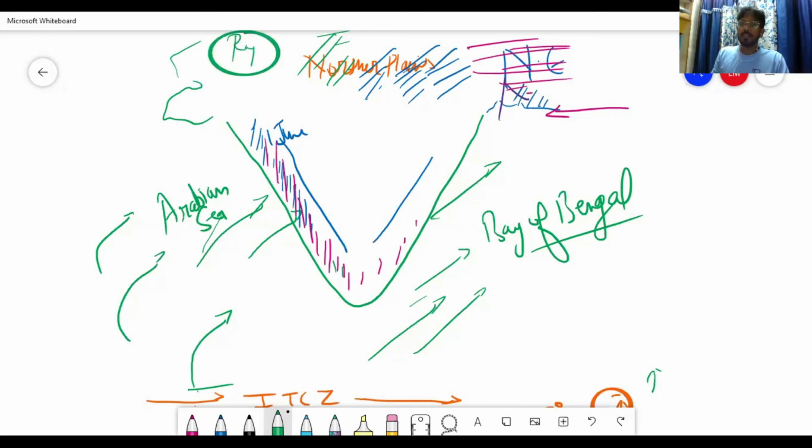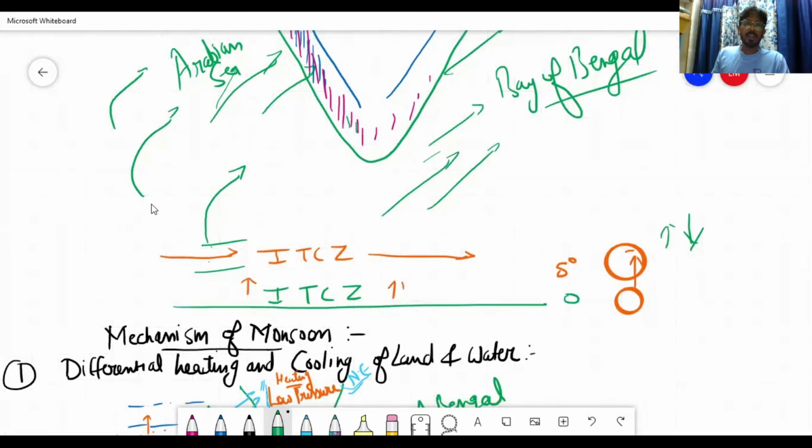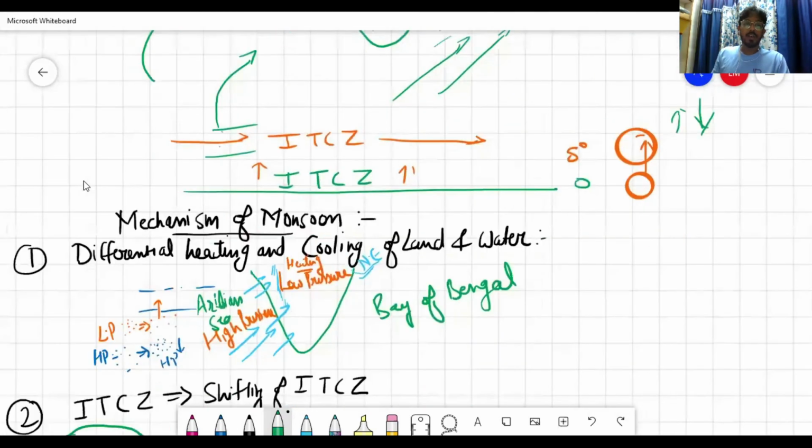And when the sun again starts shifting downwards after September, the low pressure which was generated in summers breaks down, because the sun's direct rays will not fall over here. In the southern hemisphere, on Madagascar, the sun's direct rays will fall.